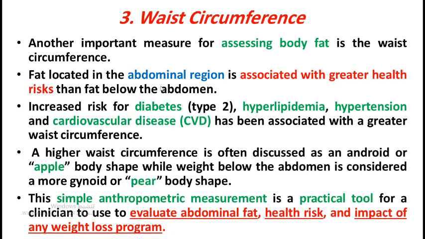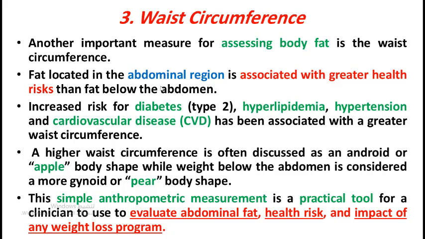Waist circumference. Another important measure for assessing body fat is the waist circumference. Fat located in the abdominal region is associated with greater health risks than fat below the abdomen. Increased risks for diabetes type 2, hyperlipidemia, hypertension, and cardiovascular disease have been associated with a greater waist circumference.